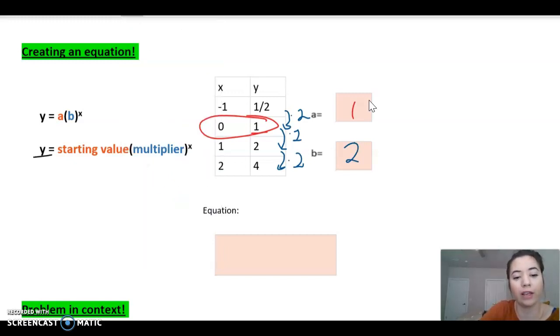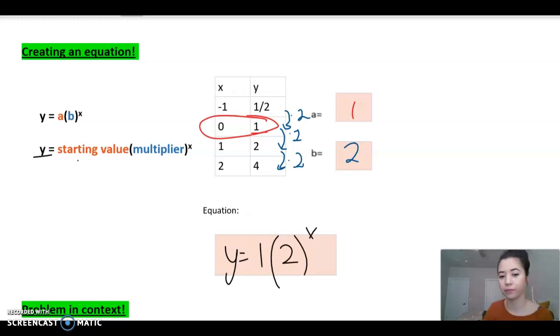So we're going to have y equals our starting value, A, which is 1, and then our multiplier, B, and then don't forget your exponent. Again, it goes A and then B in our equation. A is your starting value, so that starts your equation, and then B is your multiplier.